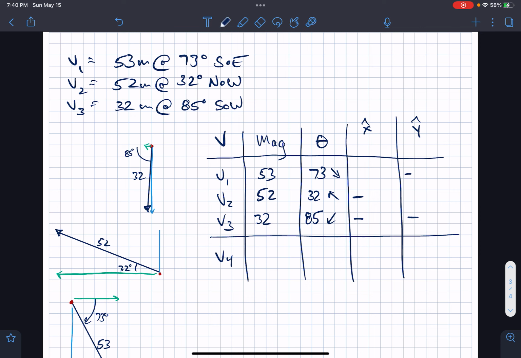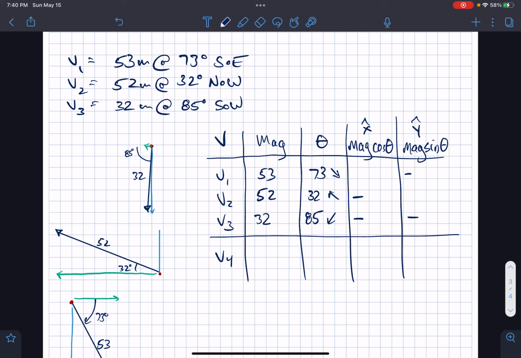In other words, to get the x component, we take the magnitude times the cosine of the angle. That's like saying your adjacent side is the hypotenuse times the cosine, which is true. And the y component would be the magnitude of the hypotenuse times the sine of the angle, because it's opposite of the angle.